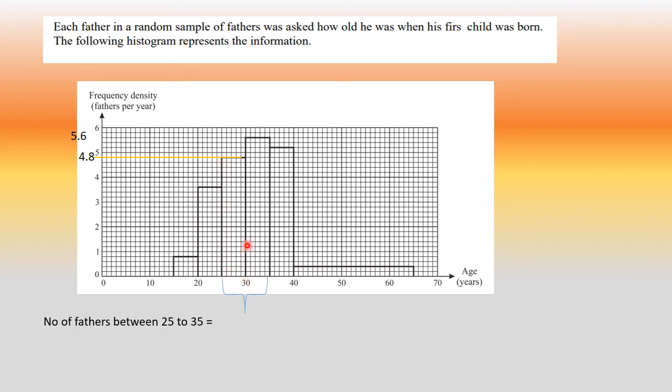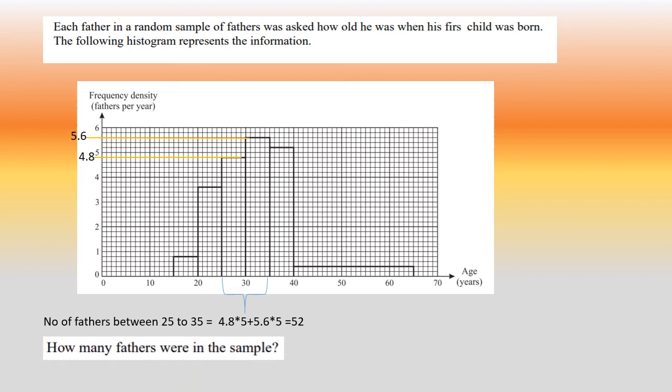And the area of the next rectangle is, still you have a width of 5 and your height is 5.6. So 4.8 into 5 plus 5.6 into 5 gives you 52. So there are 52 fathers between 25 years and 35 years when they get their first child.